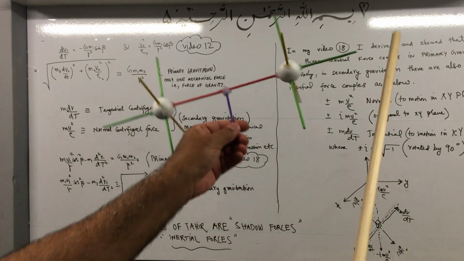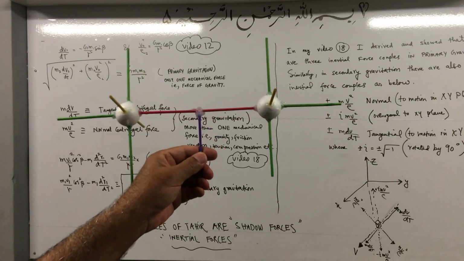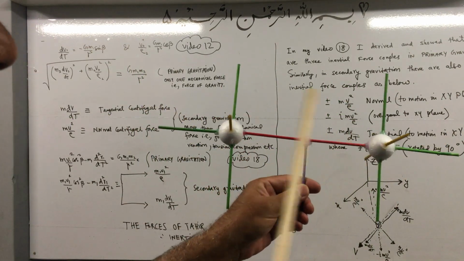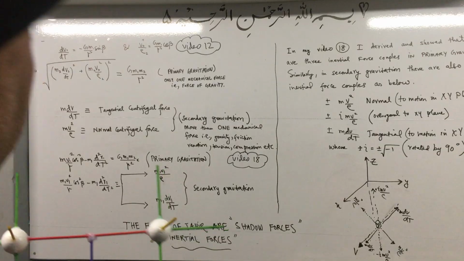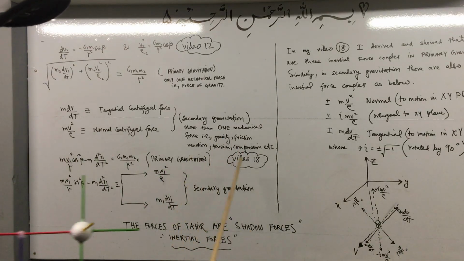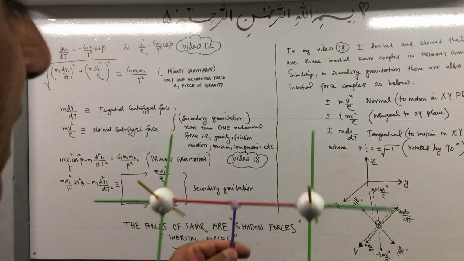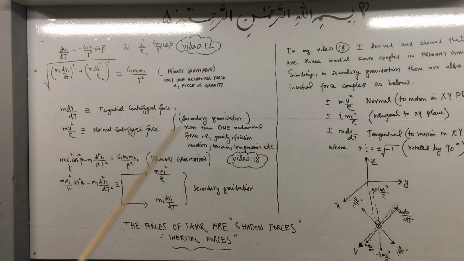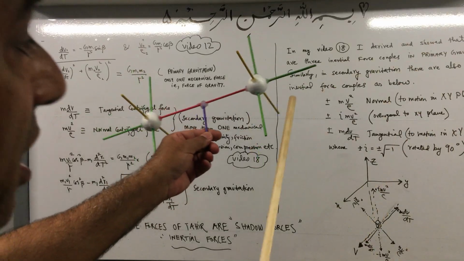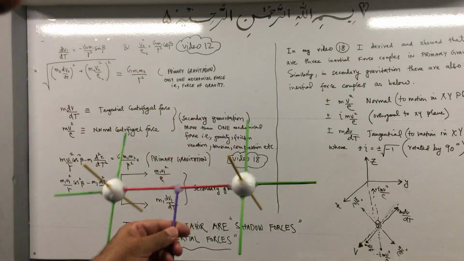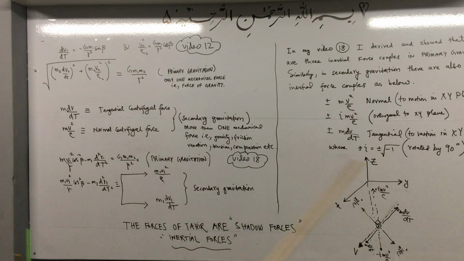Okay, so what happens when another force other than gravity is involved, like friction, reaction, tension, compression? Then this Tahirian centrifugal force breaks up into two centrifugal forces. One is mv1 square over rho, where rho is the radius of curvature.